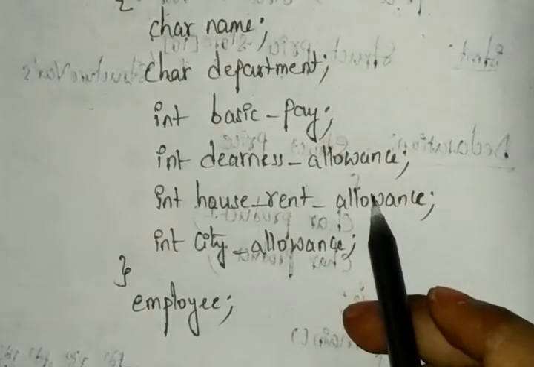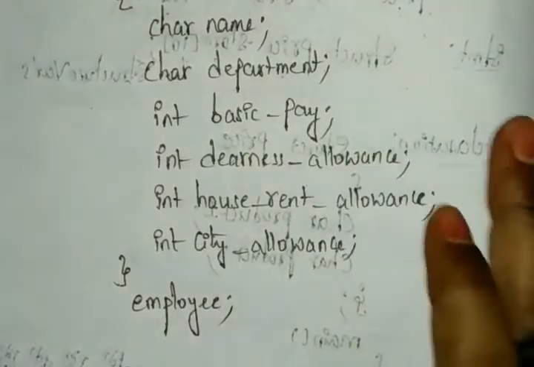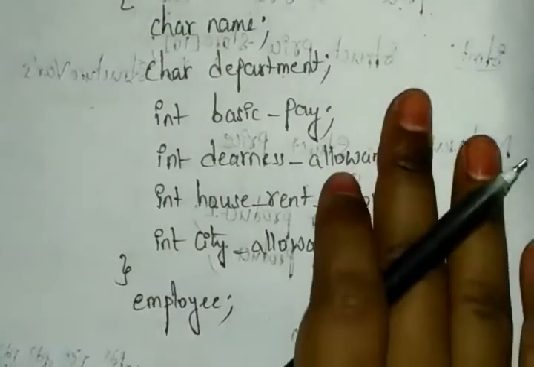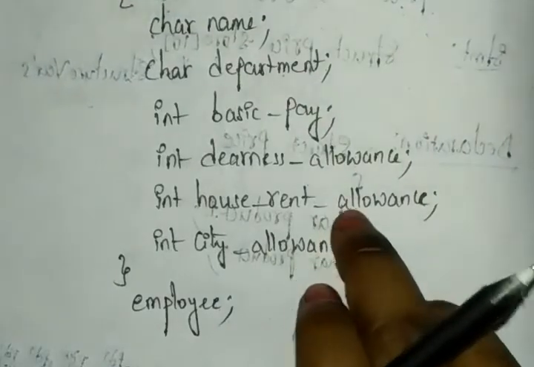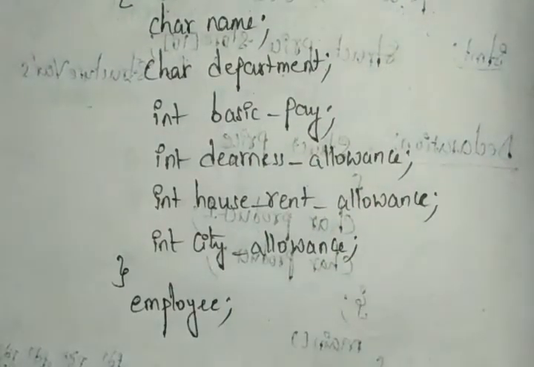Once you group all these allowances together as one allowance, you get one nested structure.